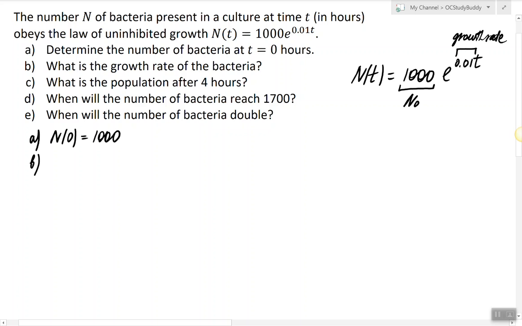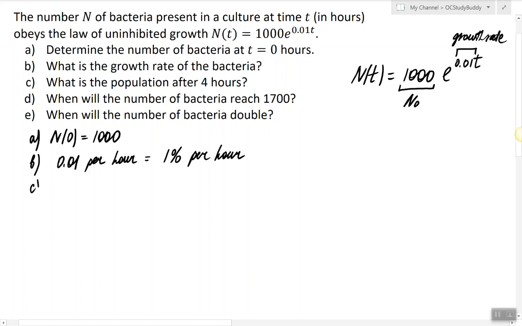So the growth rate of this bacteria population is 0.01 per 1 unit of time, and 0.01 means 1%. So we interpret 0.01 as 1% per hour. So this is the continuous growth rate in this model.